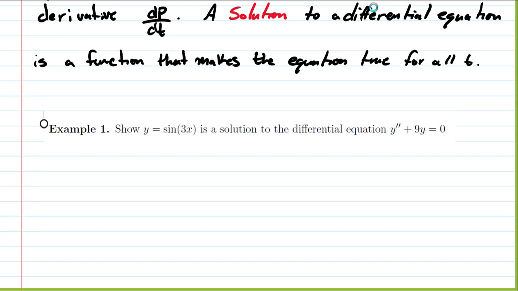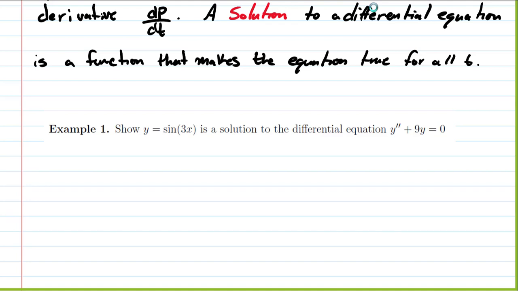So this differential equation says that the second derivative of the function plus 9 times the original function should equal to what? 0. Okay, so we need to find two derivatives of y.